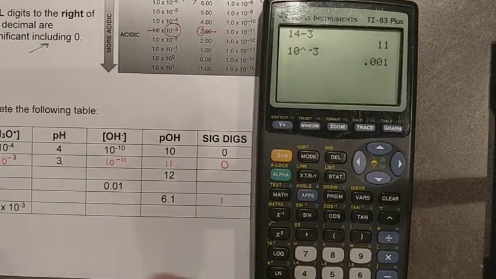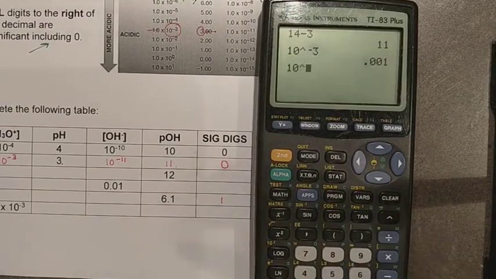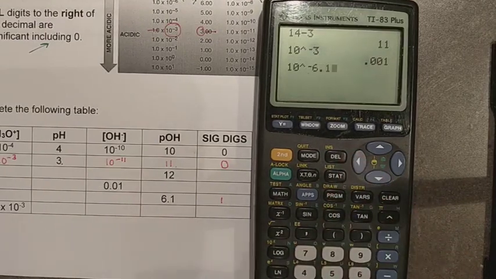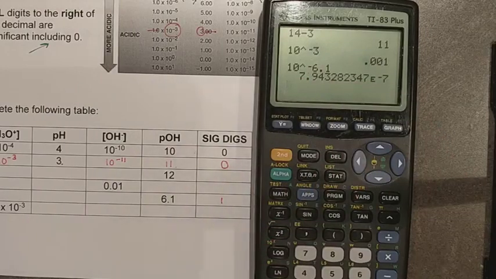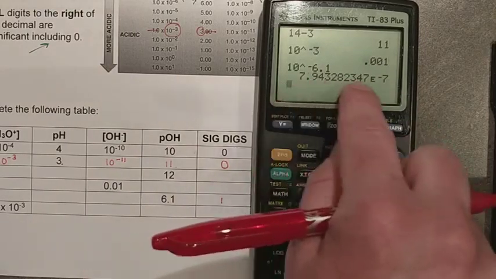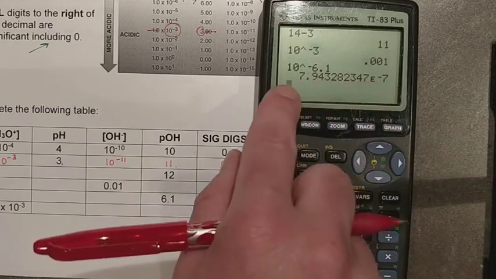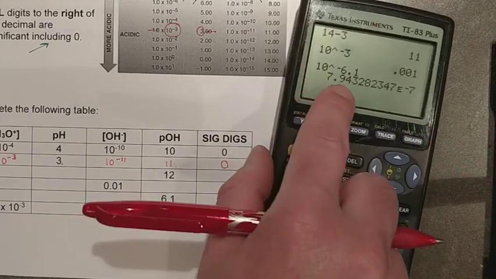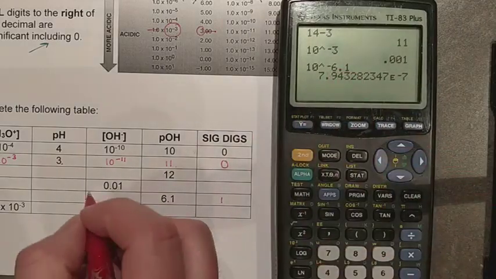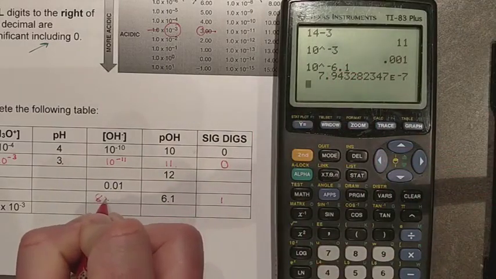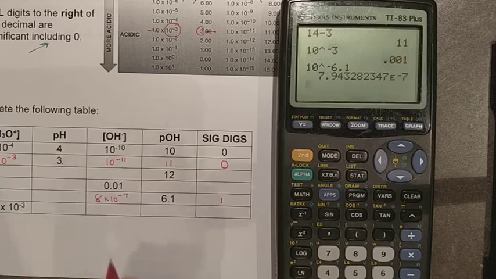And so my hydroxide ion concentration is 10 raised to the power of negative 6.1, and plunk that through, and you get 7.943 times 10 to the negative 7. How many of these significant digits are you allowed? Only one. The first number to be dropped is the one that determines your rounding. So this must be 8 times 10 to the negative 7.